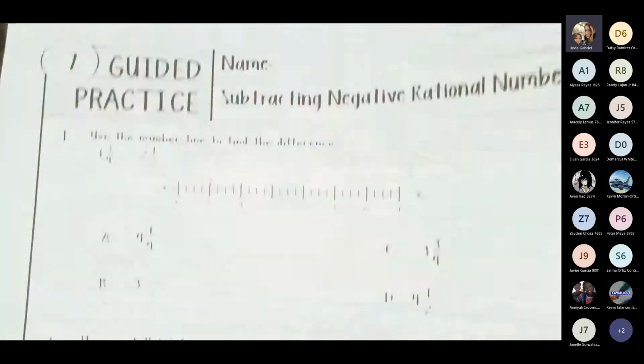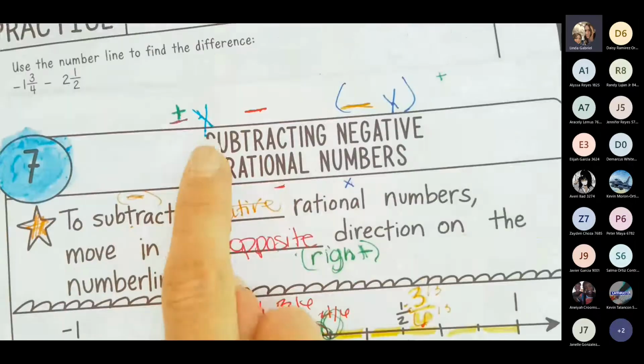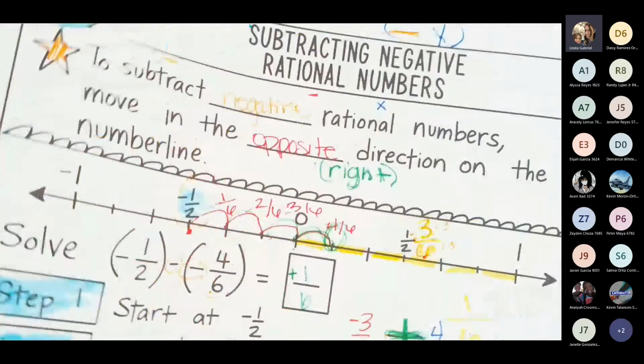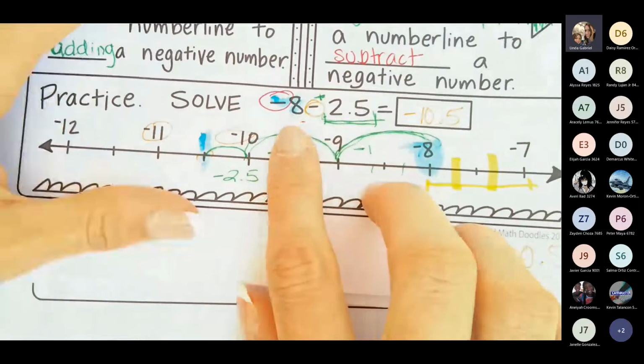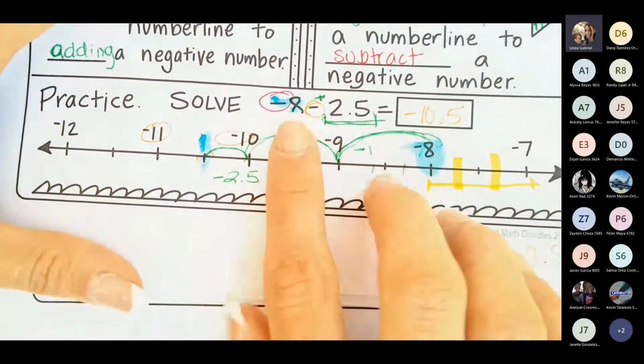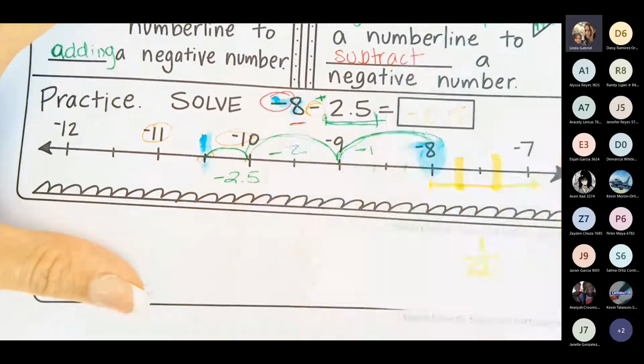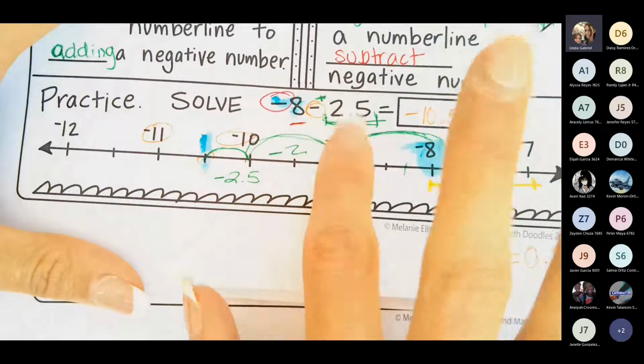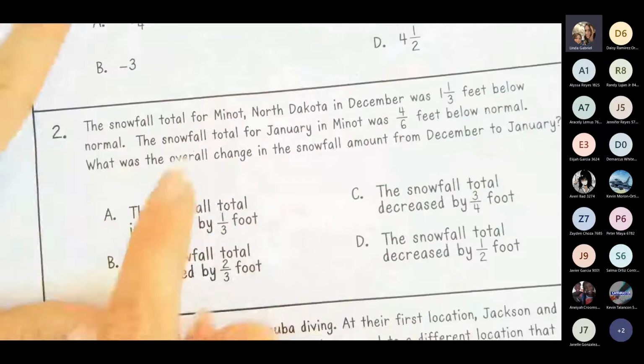We learned about today subtracting negative rational numbers. We practice subtracting positive numbers. So make sure that as you read the question, you're understanding if it's asking you to subtract a positive or a negative number. And then also in the last part of the question, what it's asking.